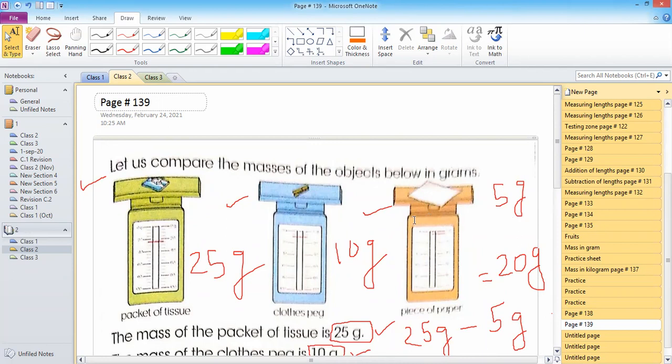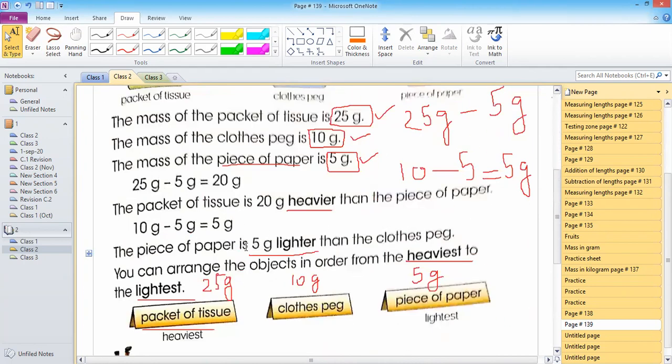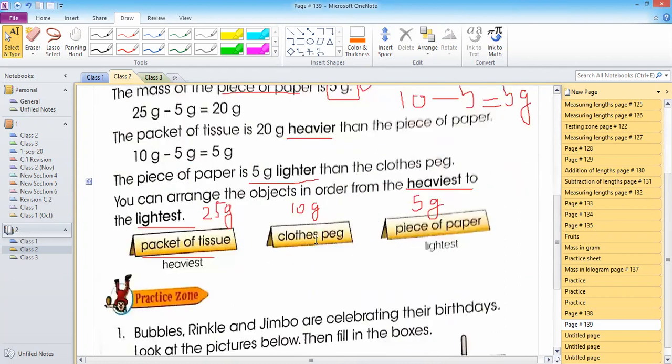You will subtract again, you will find out the difference. 10 minus 5 is equal to 5. So you will say the piece of paper is 5 gram lighter than cloth pack. And if they talk about heaviest, 25 gram packet of tissue, 10 gram cloth pack, 5 gram piece of paper. So we have arranged from heaviest to lightest.